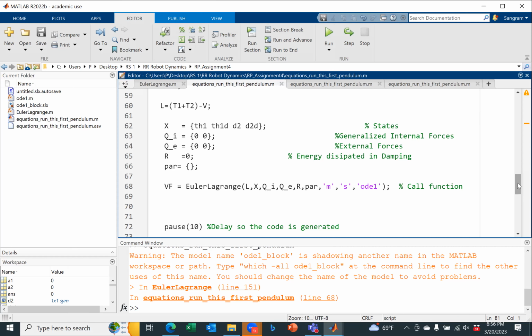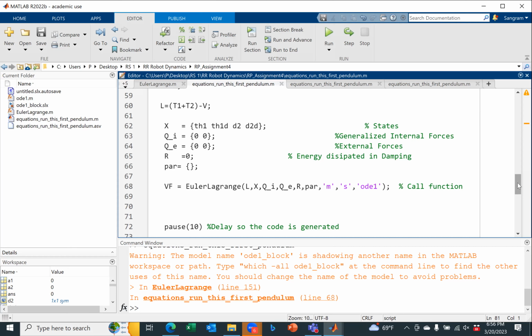Okay. Now next part is d by dt of Py. Same thing, d by dt of D2 sine theta 1 plus L1 sine theta 1. D2 is a function of time, sine theta is a function of time.